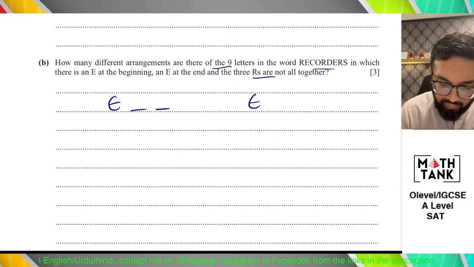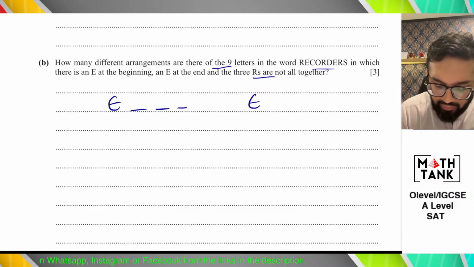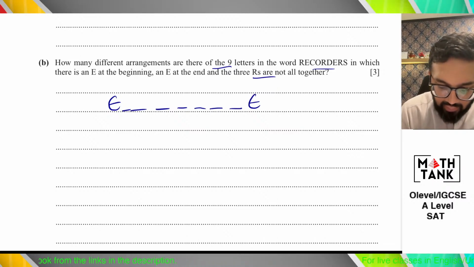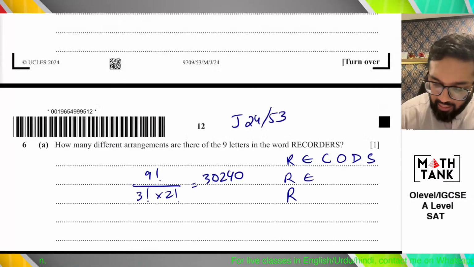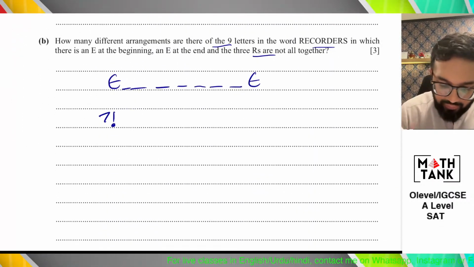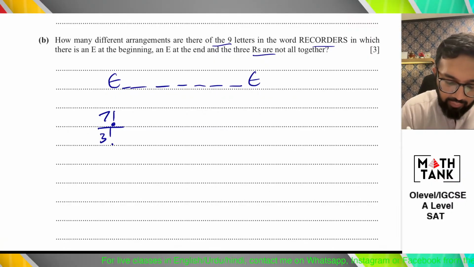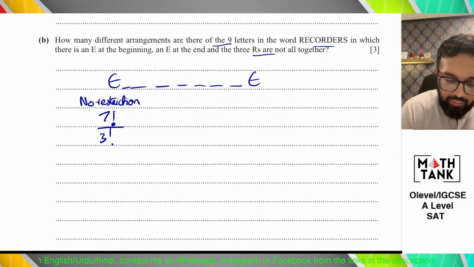So I'm just first going to find all of this without keeping them together, just unrestricted arrangements. There have to be 7 in the middle. So 7 factorial. How many R's am I dealing with? I'm dealing with 3 R's. So 7 factorial divided by 3 factorial. There's no restrictions. If I want them not all together, what I have to do is make a box.